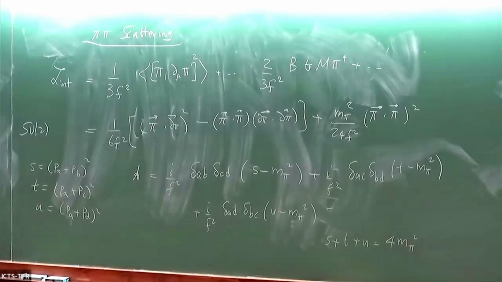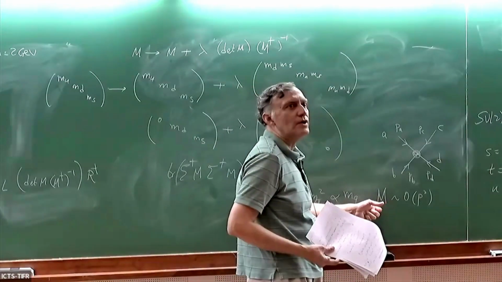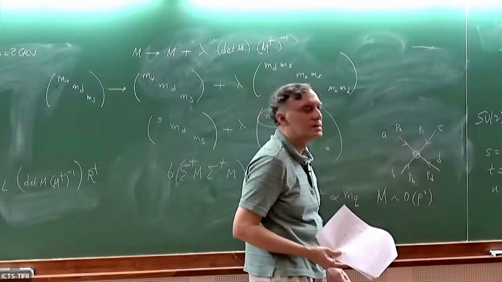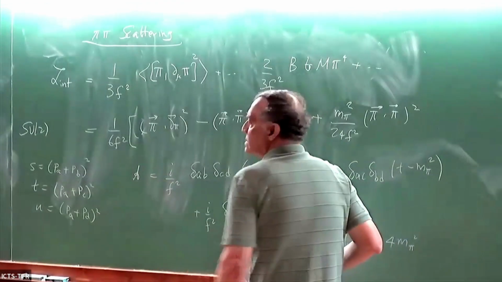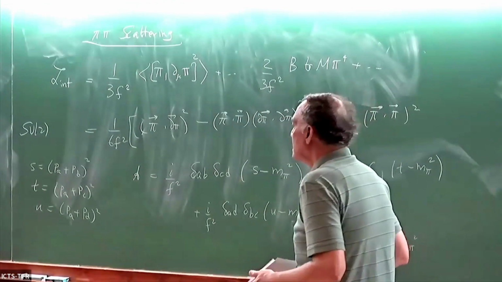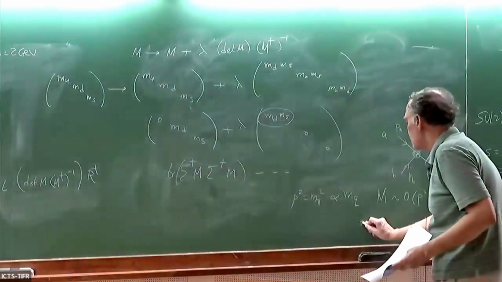So when people write down the chiral Lagrangian to p to the fourth, it has either 4 derivatives, 2 derivatives and 1 m, or 2 m's. And that's what's used. And so you can see here, okay, these s and so on are second order in momentum and the pion mass squared. So that's consistent with this. So m pi would count as order p.